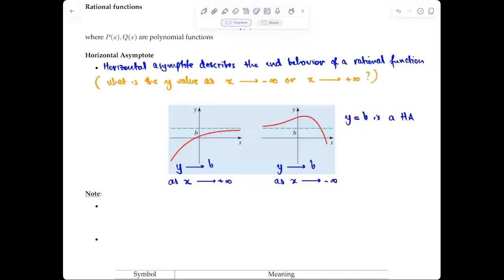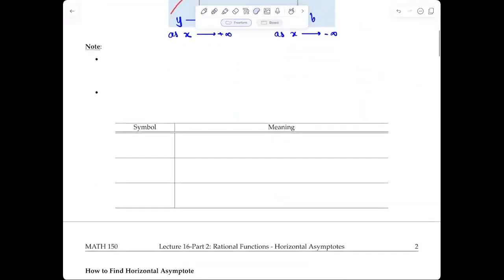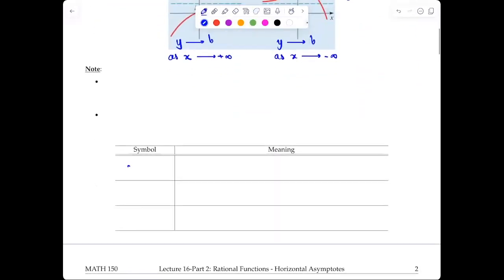So let me explain this notation a little bit before I give you the notes. This notation indicates that x approaches negative infinity.